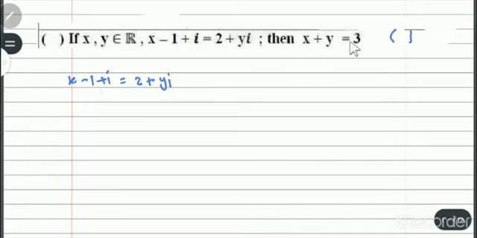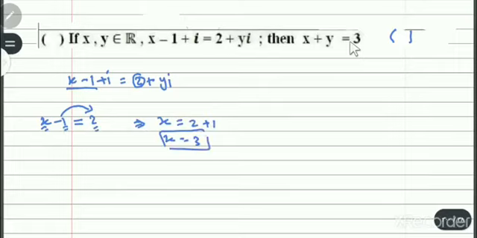From the left side, this is the real term, x - 1, equal to the real term from the right side, which is just 2. Now solve it as an equation. I want the value of x, so by taking negative 1 to the right side with a different sign, x equals 2 plus 1, so x equals 3. This is the value of x.